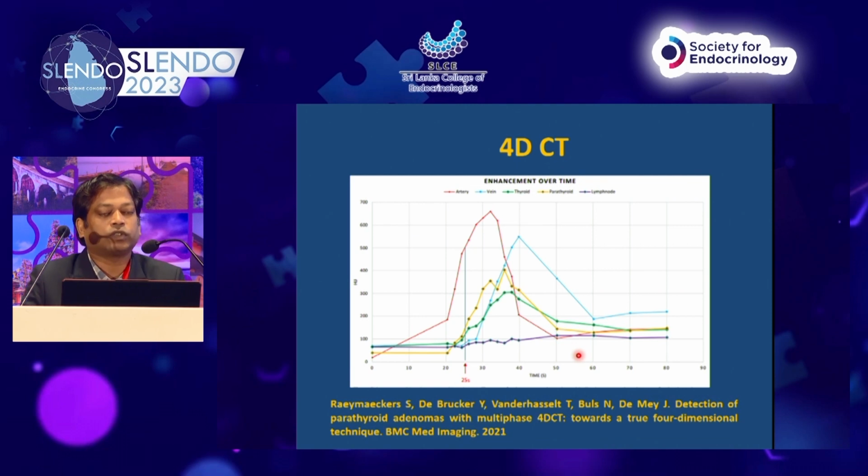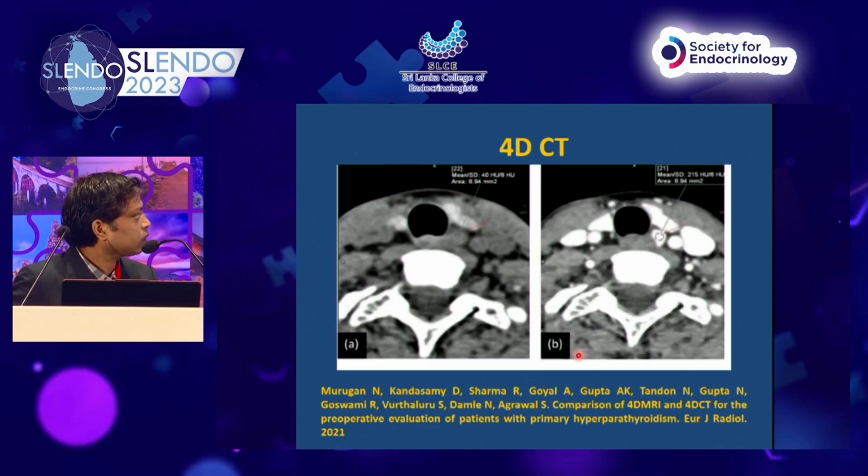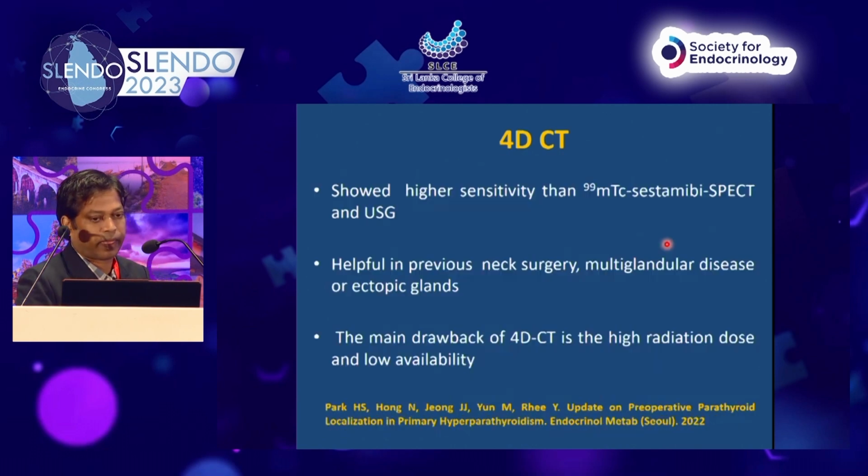The main problem in distinguishing parathyroid tumor from lymph node and thyroid, which is not possible with ultrasound and MIBI, becomes easier when you do 4D CT. Here you can appreciate the non-contrast image showing a parathyroid tumor just behind the left thyroid lobe, and this is the significant enhancement in the arterial phase in the 4D CT.